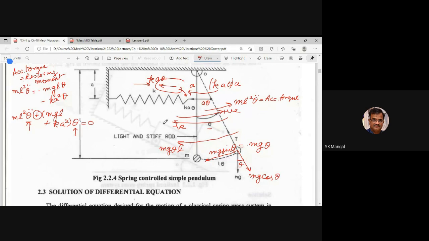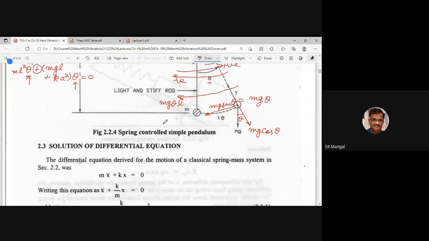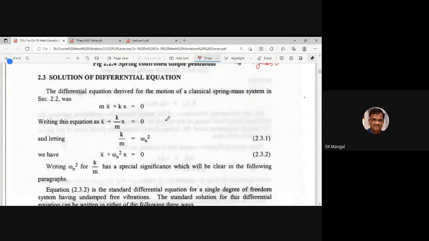Now let us solve the differential equation of motion here. For a classical lumped spring mass system, we got this equation of motion, and you can write this equation in this form.